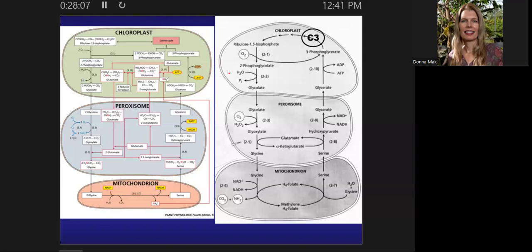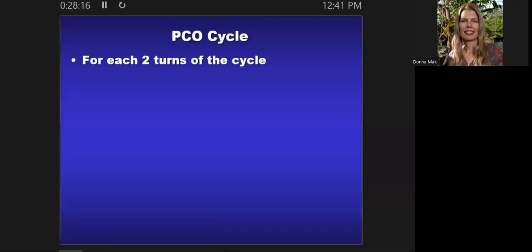But the upshot is, yes, Rubisco is sloppy because it can take either carbon dioxide or oxygen into its active site. So we talk about the PCO cycle having to run twice because you need those two glycines coming into the mitochondria.